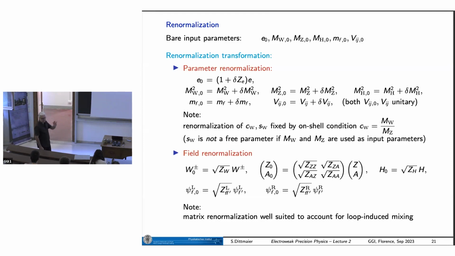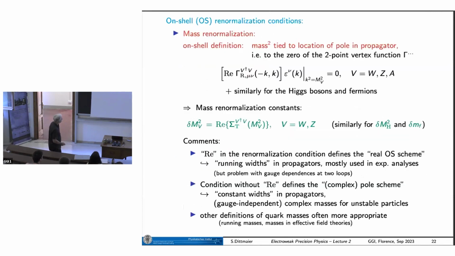And even there, you have different problems. This is actually something more introduced from a principle point of view, just to make it really right, although in phenomenology it's not so important. So that was the renormalization transformations. Now we come to the conditions that we use to fix the renormalization constants.